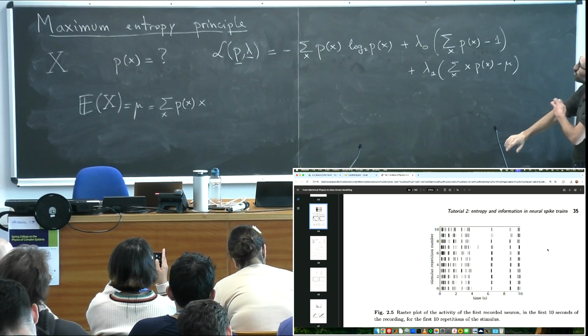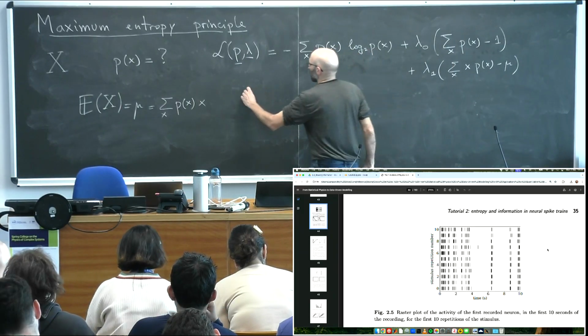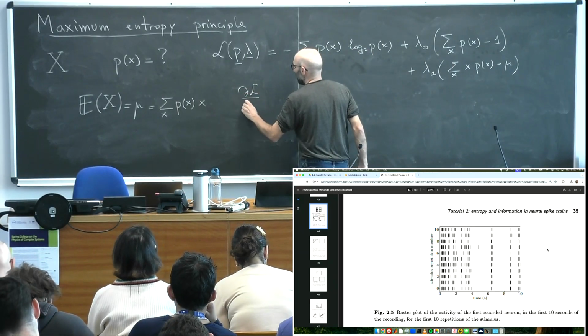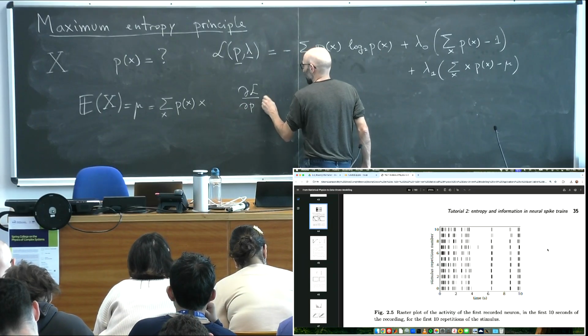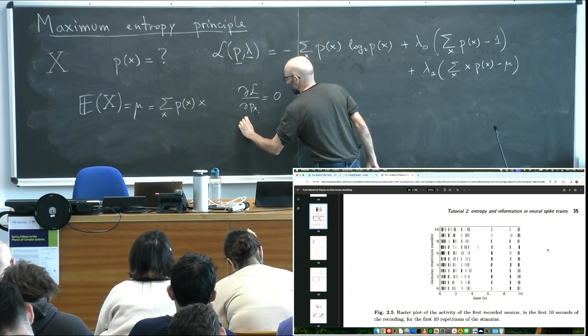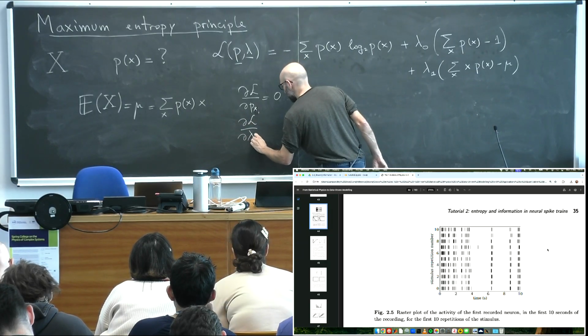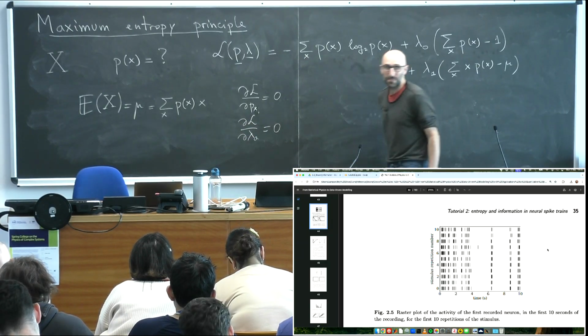And what you have to do, according to the Lagrange multiplier method, is to take the derivatives of L and set them to 0. Okay?